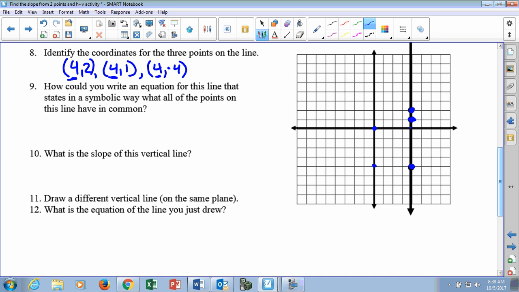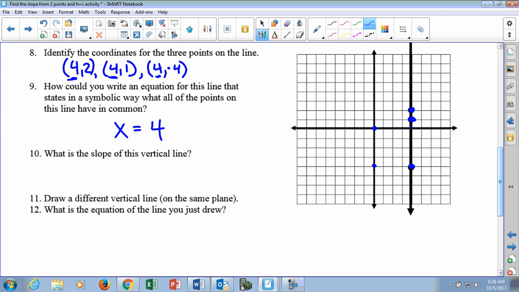Okay? So if we wrote the equation of the horizontal line to be y equals, who remembers how we write the equation of the vertical line? It can't be the same equation, right? Anyone remember? It's going to be x equals, and then whatever points the x have in common, which in this case is 4.